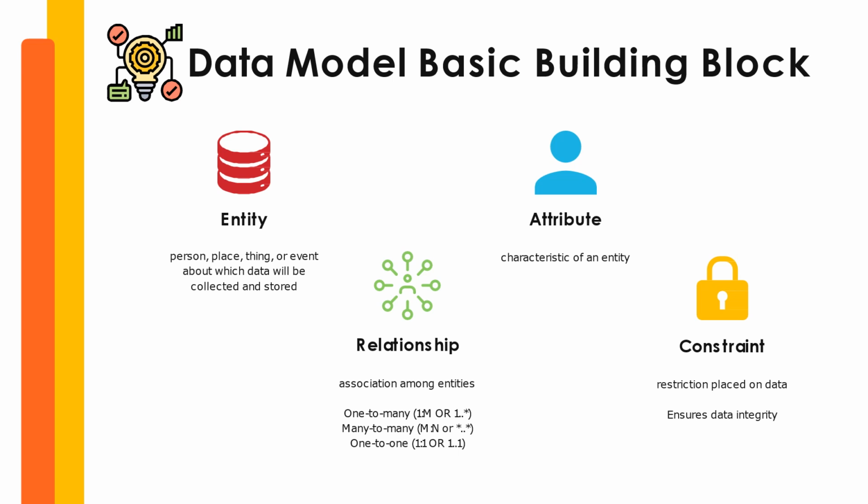For example, if you're going to create a data model for student enrollment, example entities could be student and, let's say, subjects. Attributes are the things that we are collecting about those entities. So for students, we might be collecting first name, last name, student number, age, among others as attributes. Relationships represent how two or more entities are associated with each other.